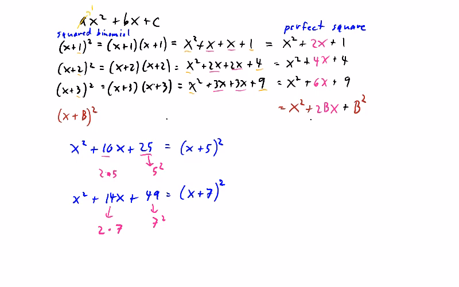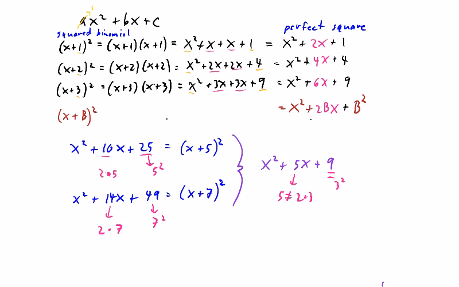Now, just of note, if you randomly write something like x squared plus 5x plus 9, this sort of fits the pattern because the 9 is a perfect square. It's the perfect square of 3. But the middle term, 5, does not equal 2 times 3.